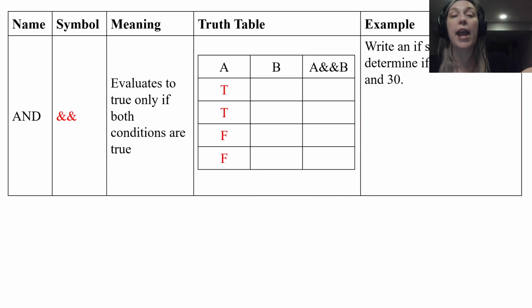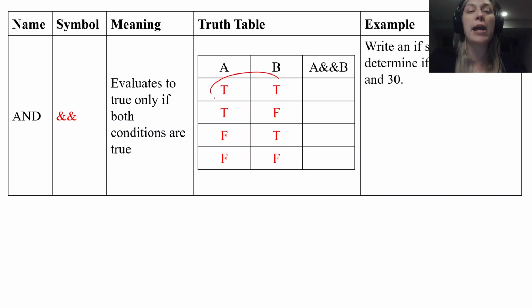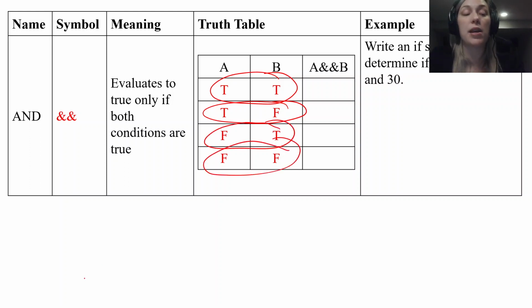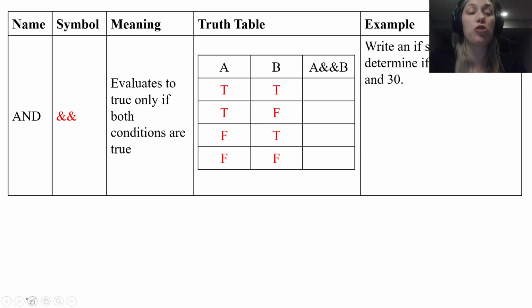So first off, for A, we set up two truths and two falses. And then in the B column, we set up true, false, true, false. And the reason we do this is to look at all combinations of what A and B can be, right? So A and B can both be true. A could be true, B could be false. A could be false, B could be true, or they could both be false there. Okay? So that is a truth table setup.